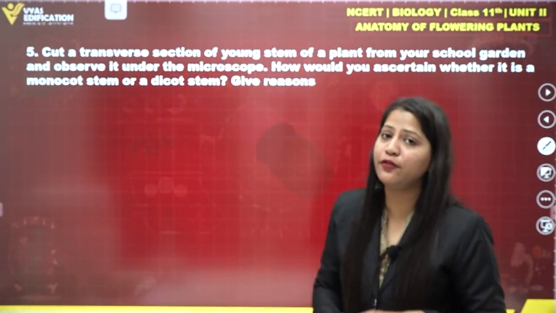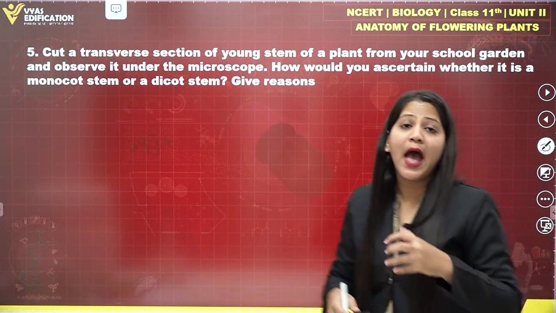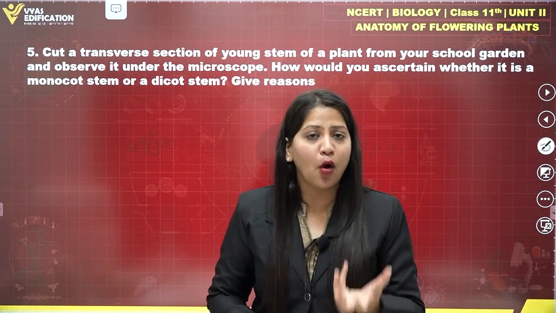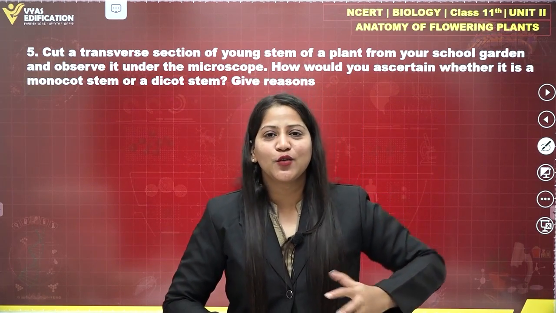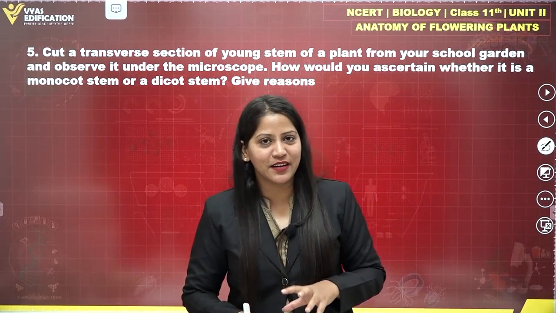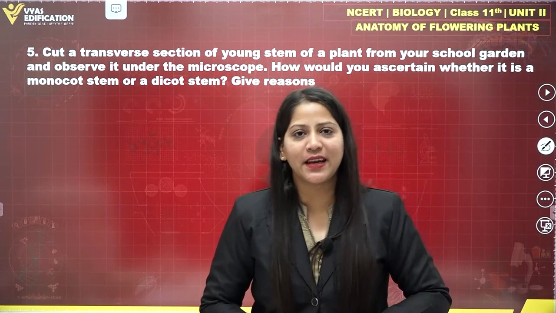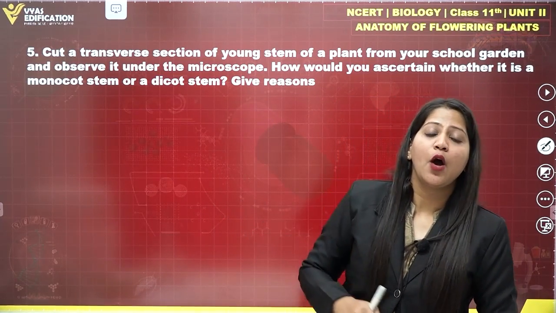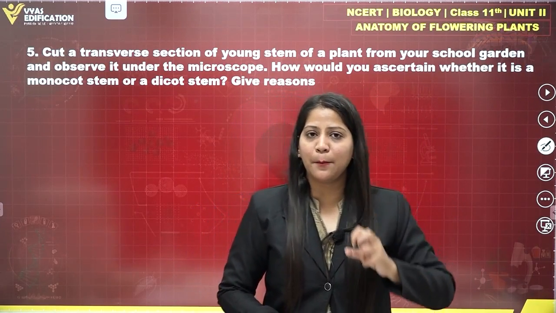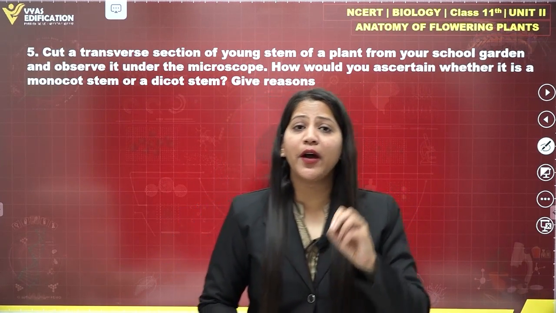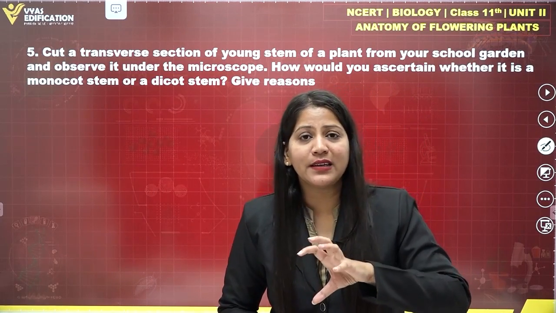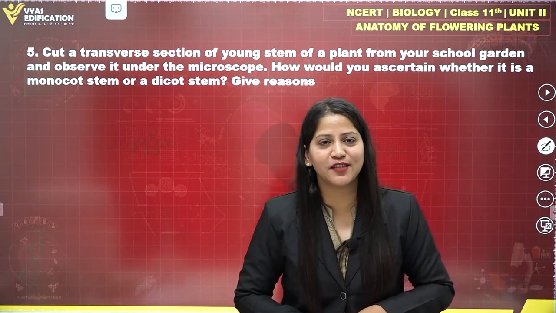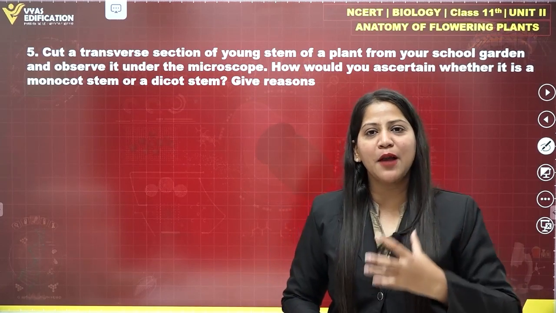So we will have to take a sample of stem, and we have to identify whether the sample of stem we have taken is a dicot stem or a monocot stem. Obviously any sample can be identified on the basis of some characteristics. If we talk about the stem of any plant as a sample, we will identify it depending on the characteristics we know about the dicot stem and monocot stem.